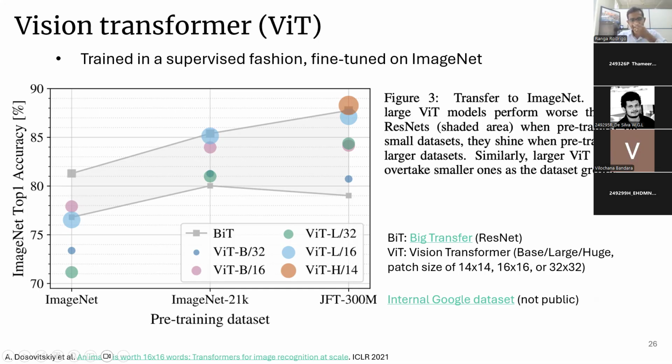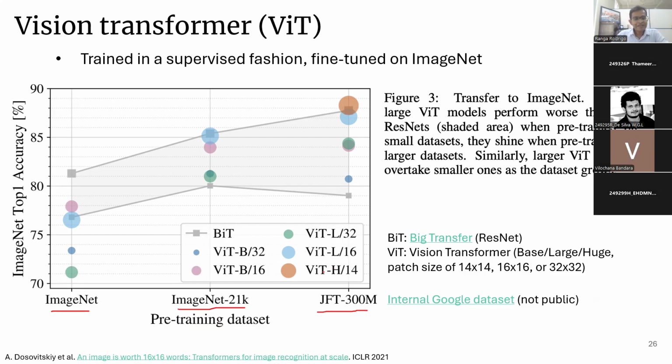Similarly, large ViT variants overtake smaller ones as the dataset grows. So you can see a lot of data is required. When a lot of data is there, they are much better. So you can see this ImageNet, ImageNet 21K, so-called JFT.